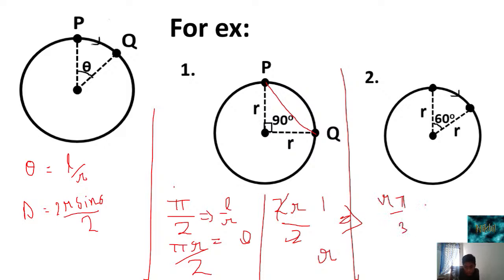And the displacement will be 2R sine 30. Sine 30 is 1 by 2, so 2R into 1 by 2. Root 3 by 2 is your answer.